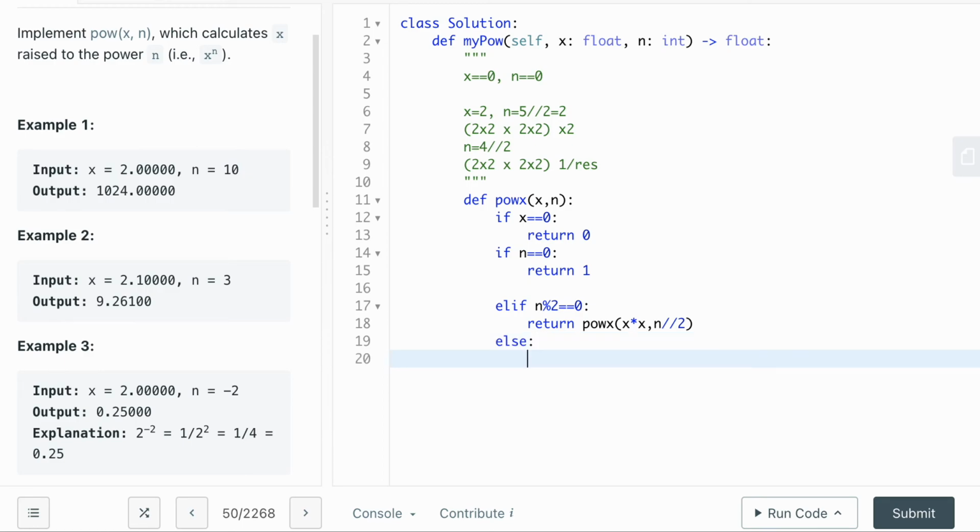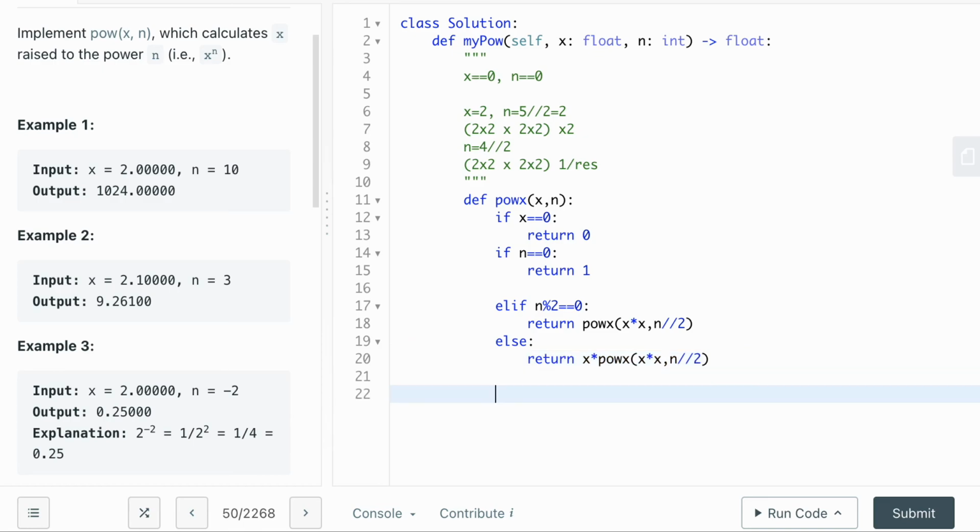And else, that's the other scenario. You call the same function, and I'm just going to copy and paste because you do the same thing. Then all you need to do is use x multiplied by it. Remember the 5 here, that's the odd case. You multiply x by the even case result, and that's how you calculate the odd case result.